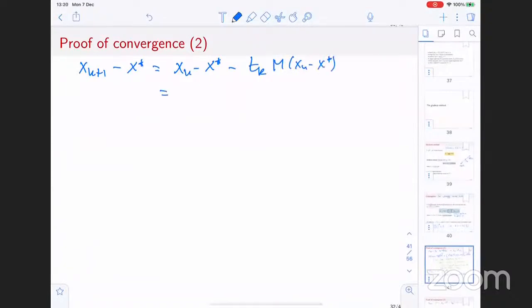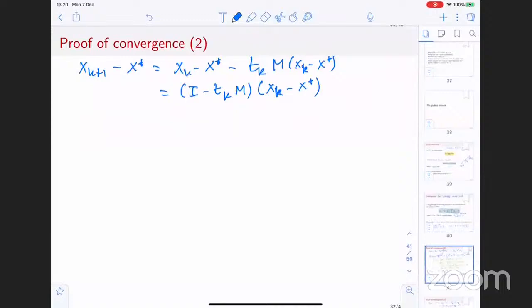And so this is really equal to (identity minus t_k M) times (x_k minus x star). My k's are not very good, but this is really what we get. So we get a linear relationship: x_{k+1} minus x star is a certain matrix applied to x_k minus x star.